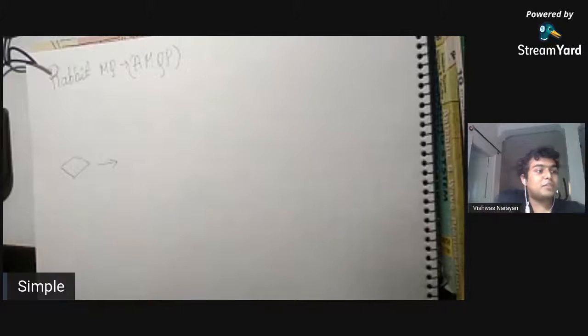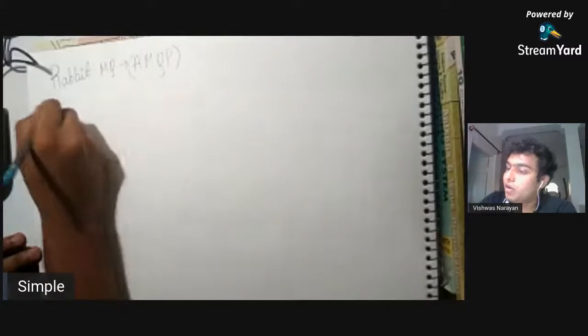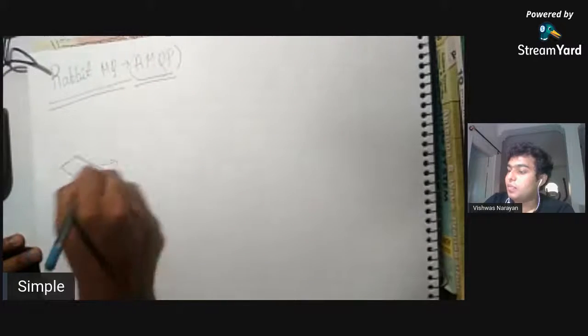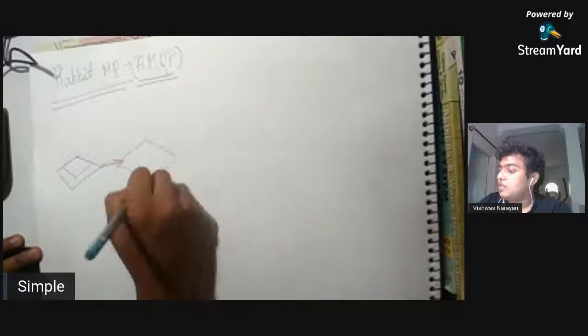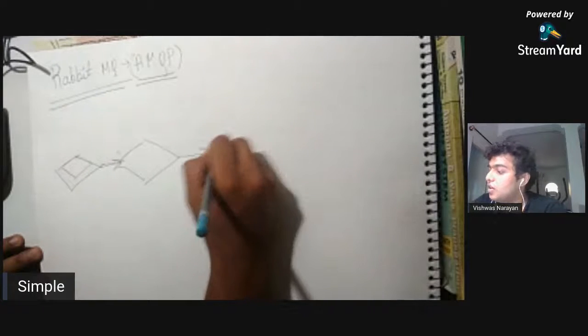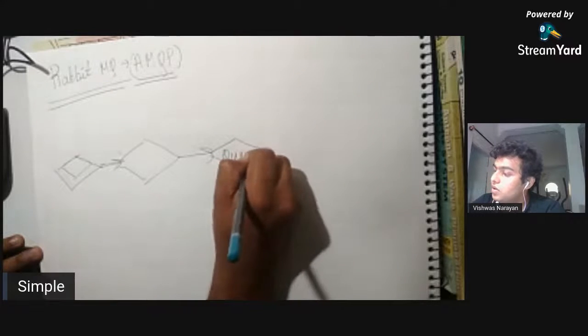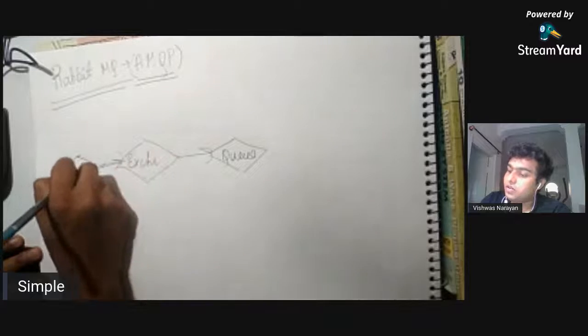So let me just explain something about RabbitMQ. RabbitMQ is an advanced message queuing protocol where there'll be a producer, an exchange, and a queue.